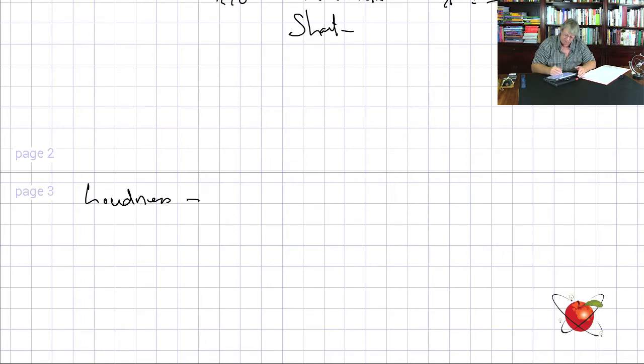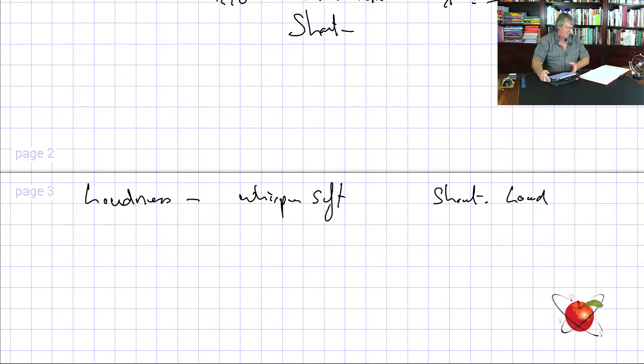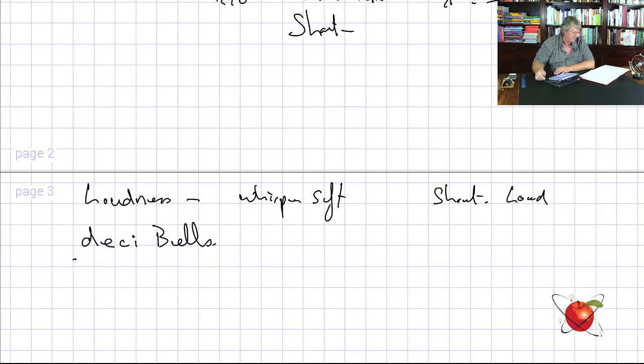The difference between a whisper and a shout. A shout is loud and a whisper is soft. Loudness, how loud something is, is measured in decibels, abbreviated dB.